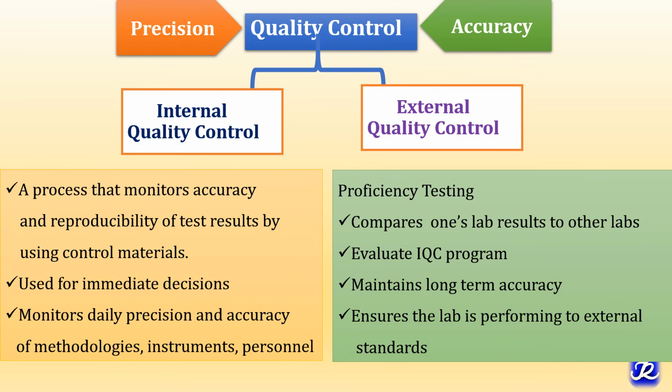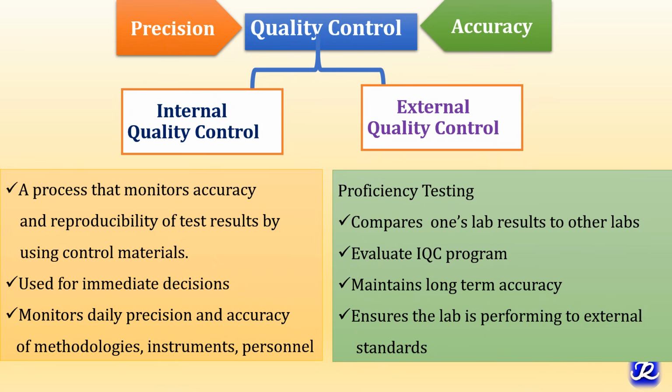We have to run the quality control sample daily before analyzing patients' tests. Internal quality control is a process that monitors accuracy and reproducibility of test results by using control materials. It is used for immediate decisions and it monitors daily precision and accuracy of methodologies, instruments, and personnel.